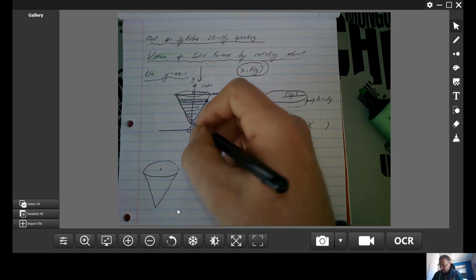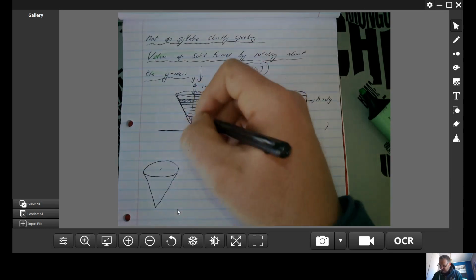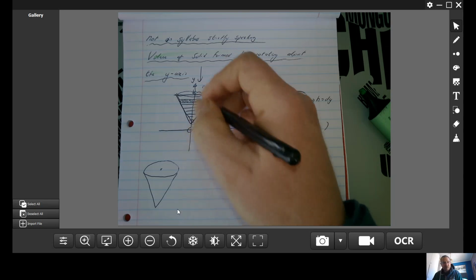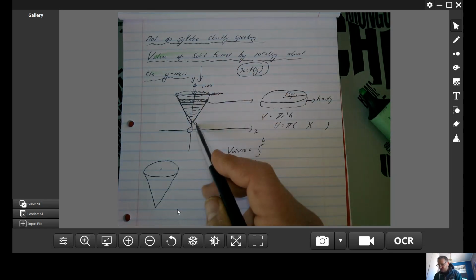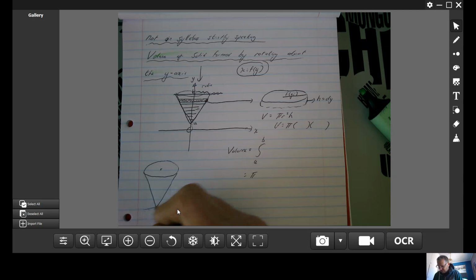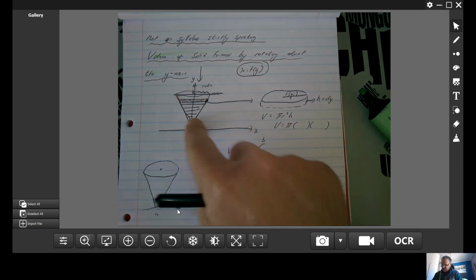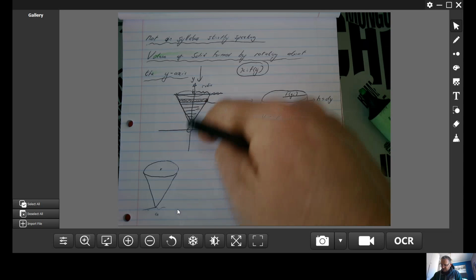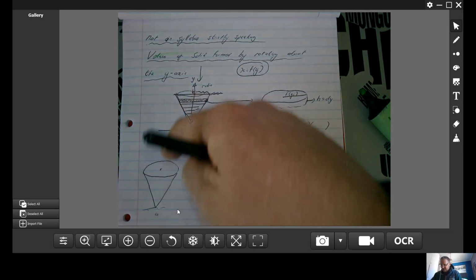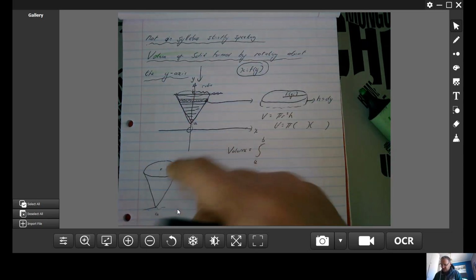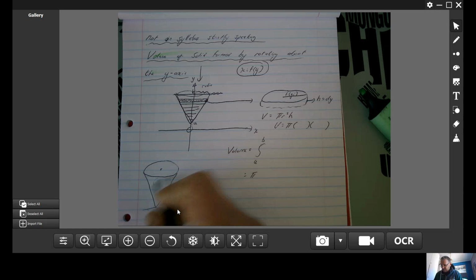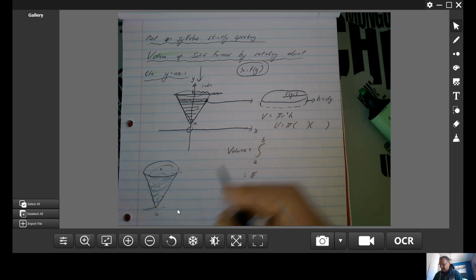Now, first of all, your A and B would now be your upper and lower boundaries in terms of y values. So A would be in line with that. Your shape would look like this in this case. This is a cross section. But if you look down on it, you'd end up with a cone, made up of an infinite number of disks. A whole lot of disks would make up that cone.